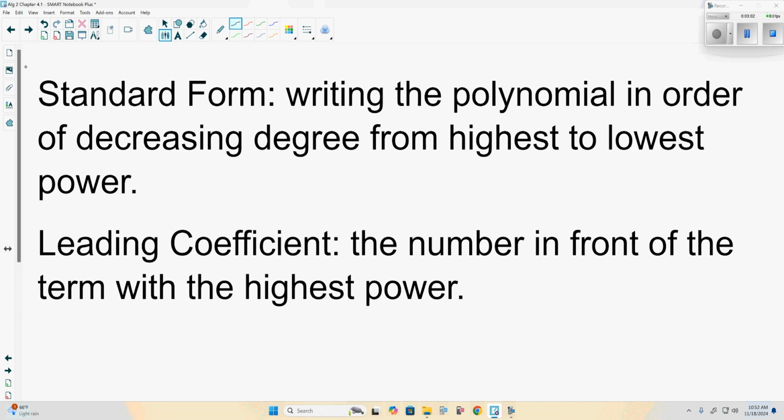So they're just decreasing. So we'd have x to the 4th, x to the 3rd, x squared, x, constant term. And the leading coefficient is the number in front of the term with the highest power. All of the numbers in front of variables are coefficients, but the leading one is the one in front of the variable with the biggest exponent. Questions on this so far?